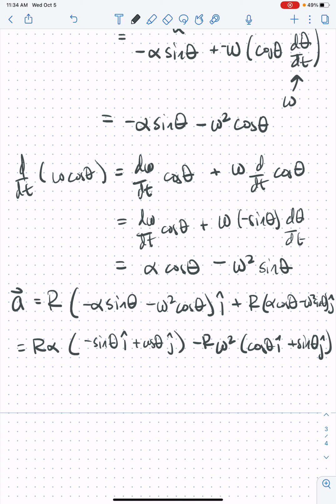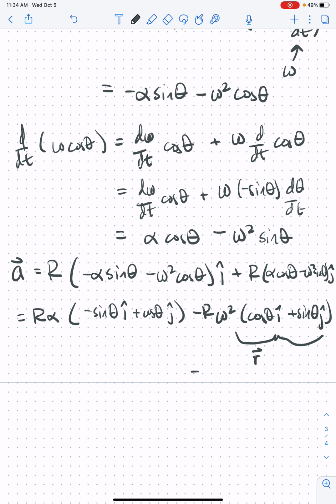All right. So let's see if we can make sense of either of these terms. Okay. So this second one, cos theta i hat plus sine theta j hat, that's just r again, right? So this second term is negative r omega squared times our r vector.